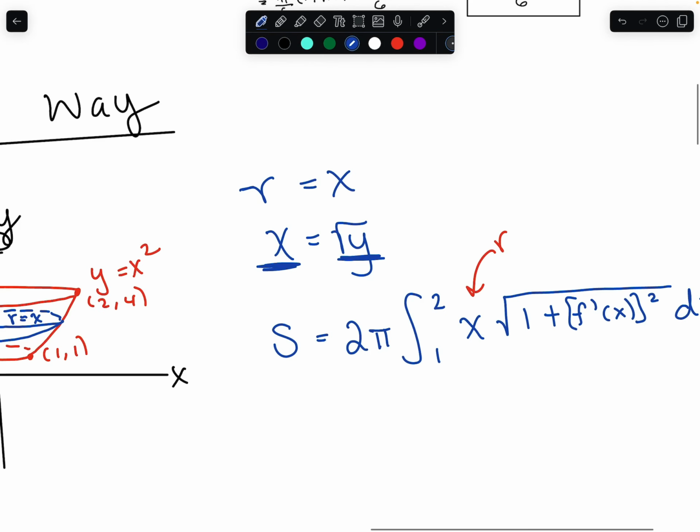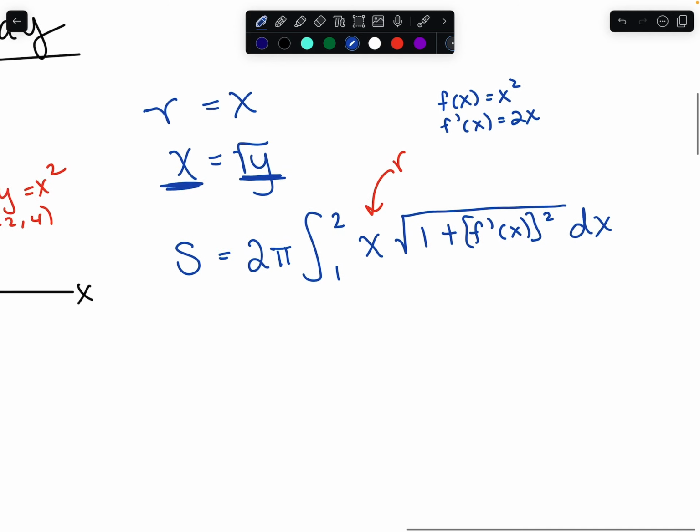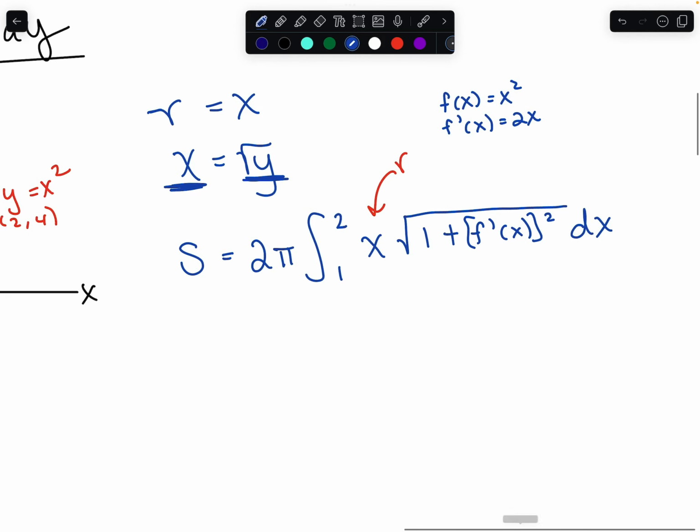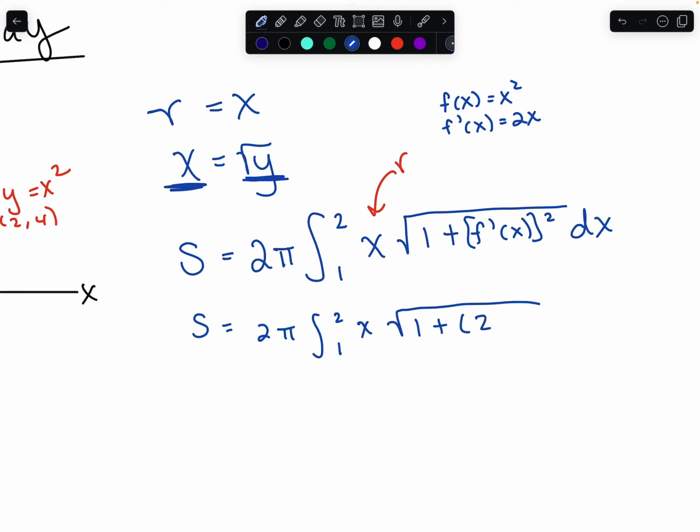So let's write f of x equals x squared, and f prime of x is equal to 2x. All right, so let's plug in that derivative. So we have s equals 2 pi, integral from 1 to 2 of x square root of 1 plus 2x, which was my derivative, squared dx.